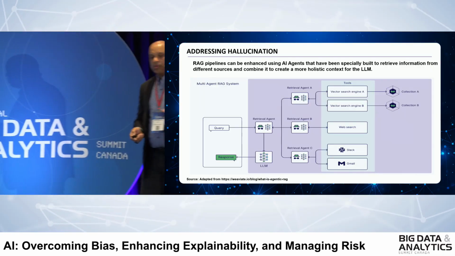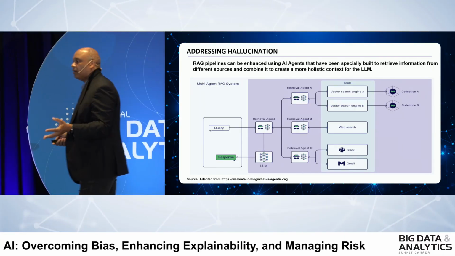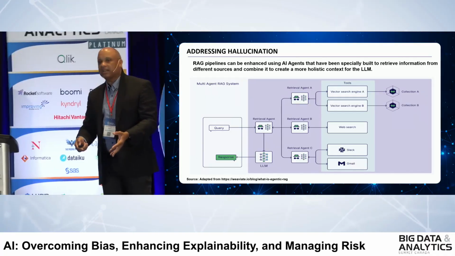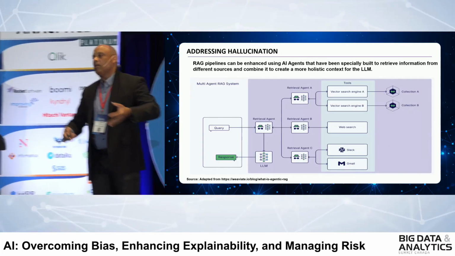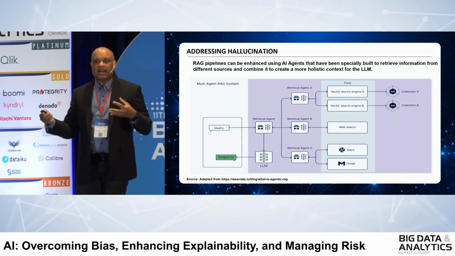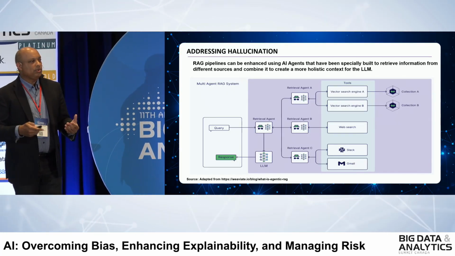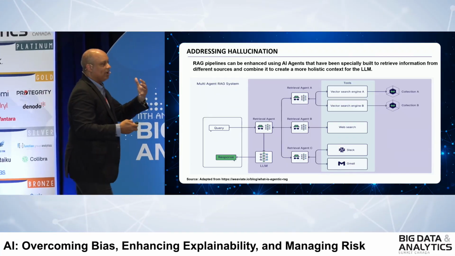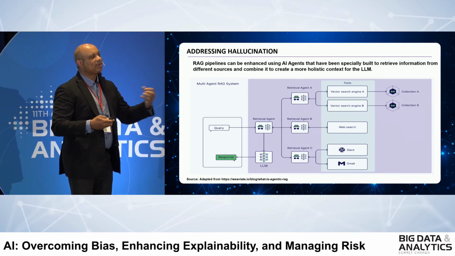I'll take that. Now, another way of addressing hallucination, you'll say, well, wait a minute here. We don't store all our data in vector databases, so what happens then? Well, this is where all of this hype about agentic AI and agent AI comes into play, because what we can do is we can build agents that actually know how to access information from various sources.